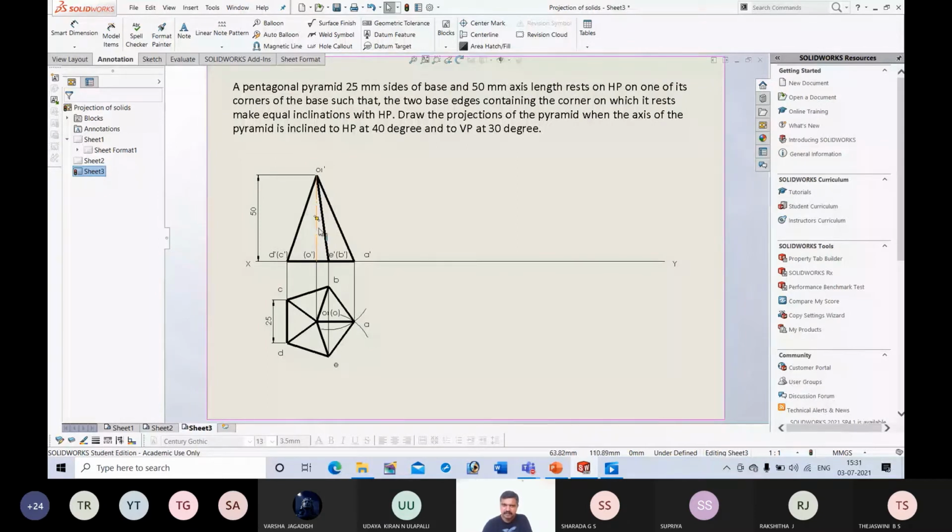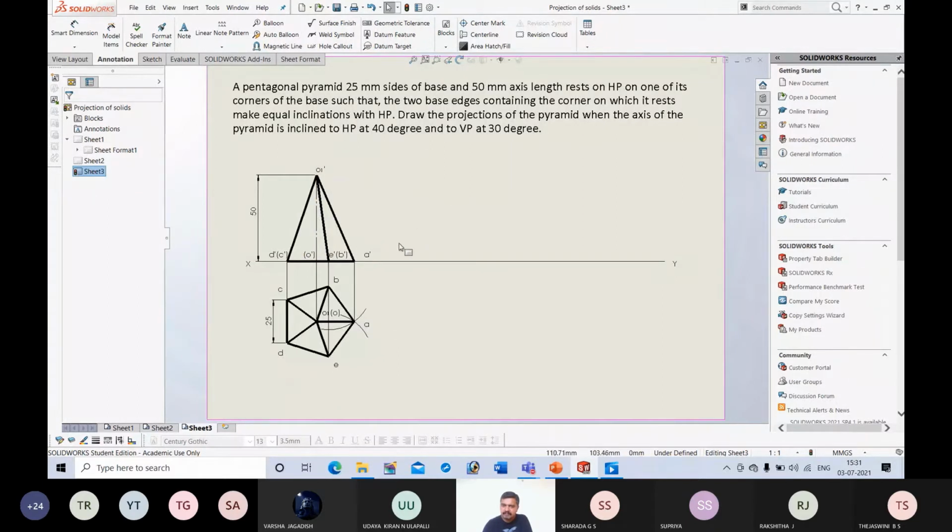But the given condition is that it should make an inclination of 40 degree. In order to satisfy this condition, if you want to make the axis inclined at 40 degree, you should lift the base by 50 degree. The angle between base and axis is 90 degree. That's why if you want to make the axis inclined at 40 degree, the base should be lifted by 50 degree.